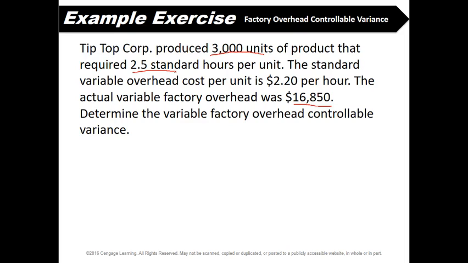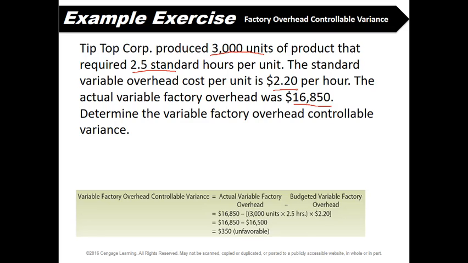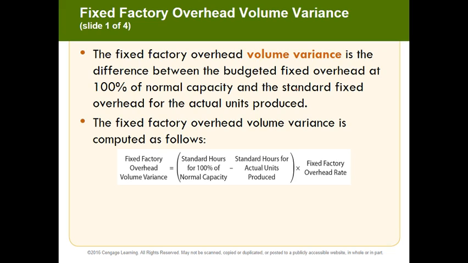Now, if we take 7,500 hours, we multiply that by $2.20 per hour, we get 16,500. So when we take the 16,850, reduce it by the 16,500, we get a $350 unfavorable variance.